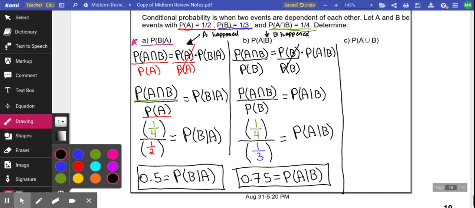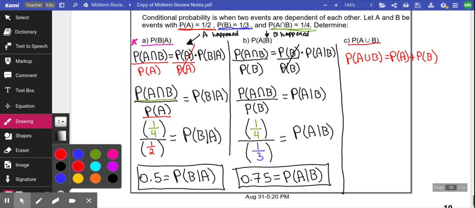Awesome. The last question says the probability of A or B. Now, I know that the probability of A or B equals the probability of A plus the probability of B, because or means add.